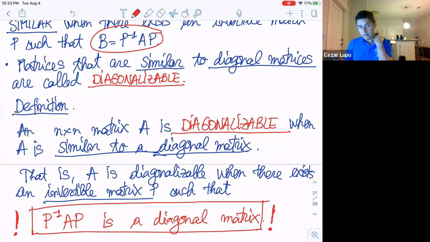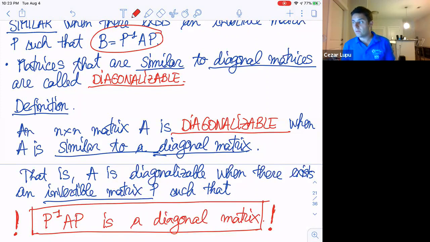So an n by n matrix A is diagonalizable when A is similar to a diagonal matrix. That is, A is diagonalizable when there exists an invertible matrix P such that P inverse times AP is a diagonal matrix. This is very, very important. Right? So that's the definition.